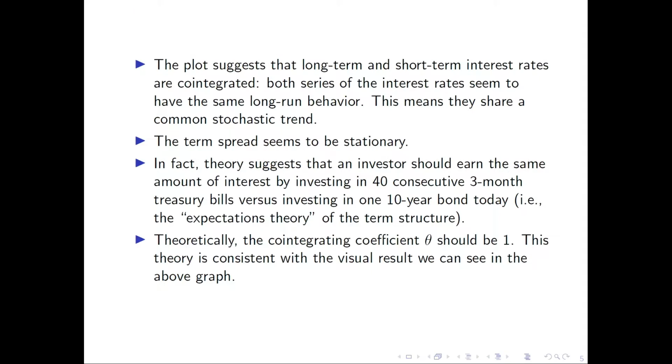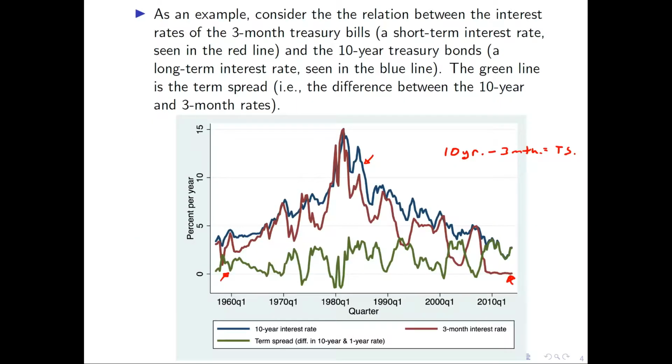And if we just look at the plot, then we can believe that the long-term and the short-term interest rates, they are co-integrated, because it seems like they share the same behavior, which is upward sloping in the 60s and 70s, and downward sloping from about 1980 and onwards.